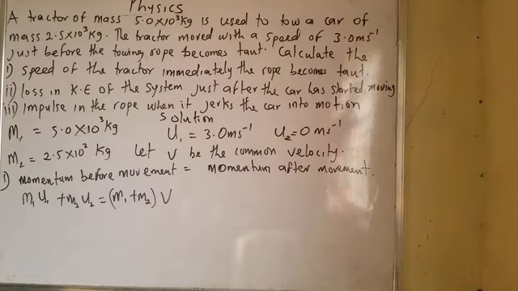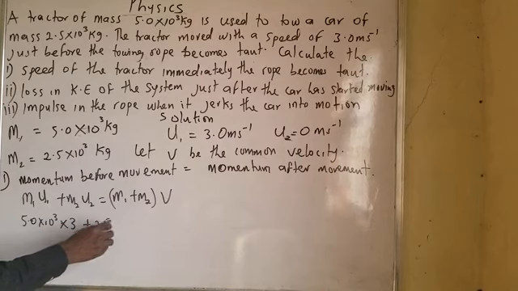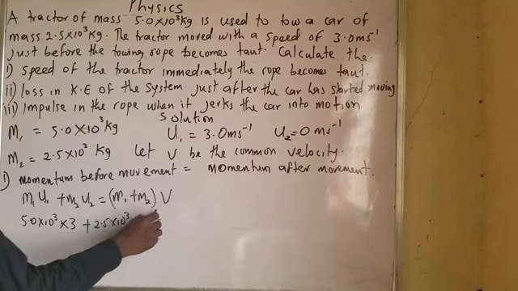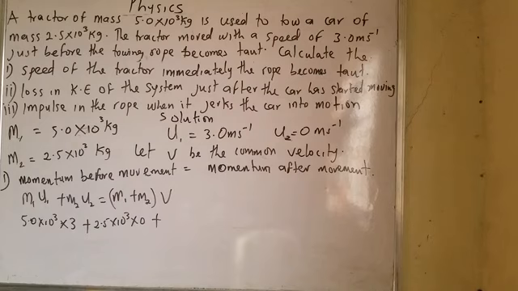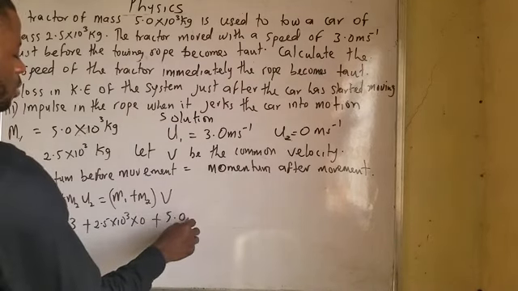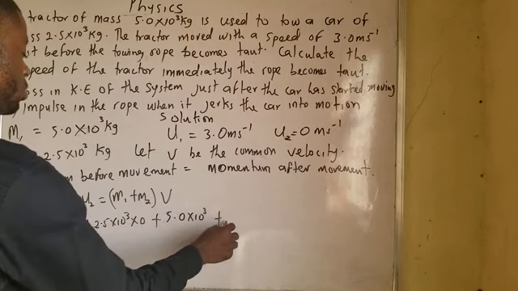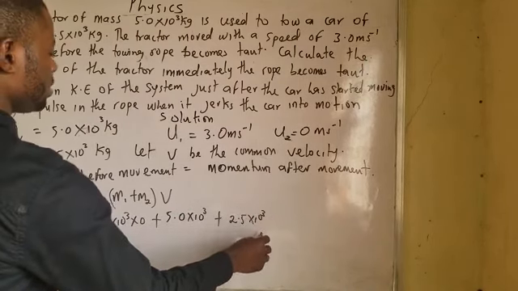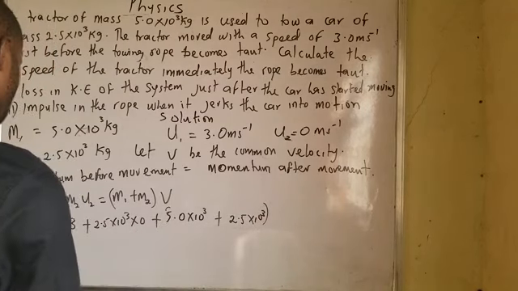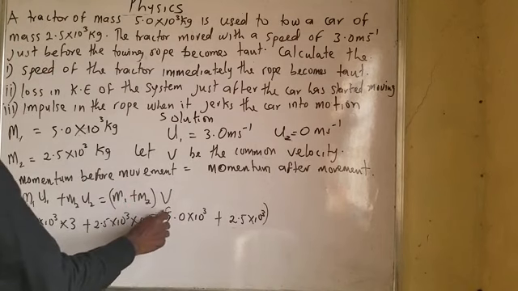Now, by so doing, I'll be having 5.0 multiplied by 10 raised to the power 3, multiplied by 3, plus 2.5 multiplied by 10 raised to the power 3, multiplied by 0, equals 5.0 multiplied by 10 raised to the power 3 plus 2.5 multiplied by 10 raised to the power 3, bracket of V. Sorry, I made a mistake.